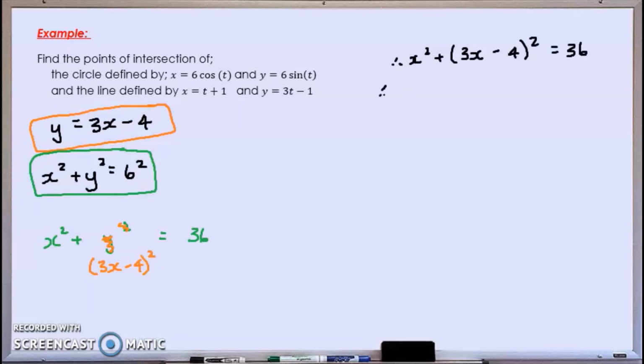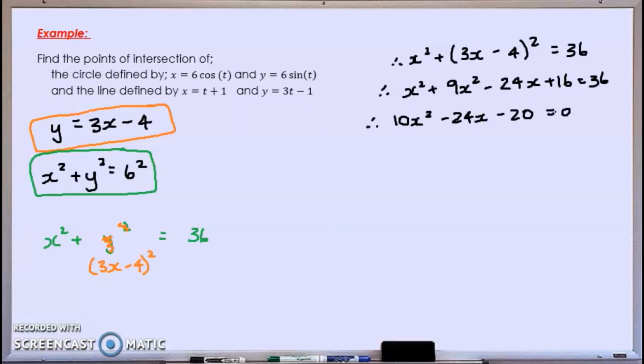So now it's time to get our algebra into action and make sure we expand this correctly. Collect our like terms. 10x squared minus 24x minus 20 equals 0. Maybe simplify with our common factor of 2.